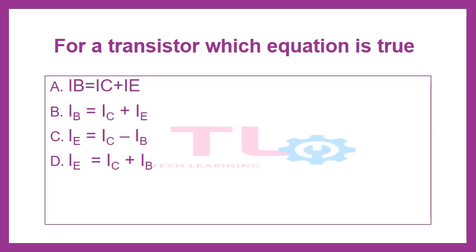Option C, IE equal to IC minus IB, or option D, IE equal to IC plus IB. And the correct option is option D, IE equal to IC plus IB.